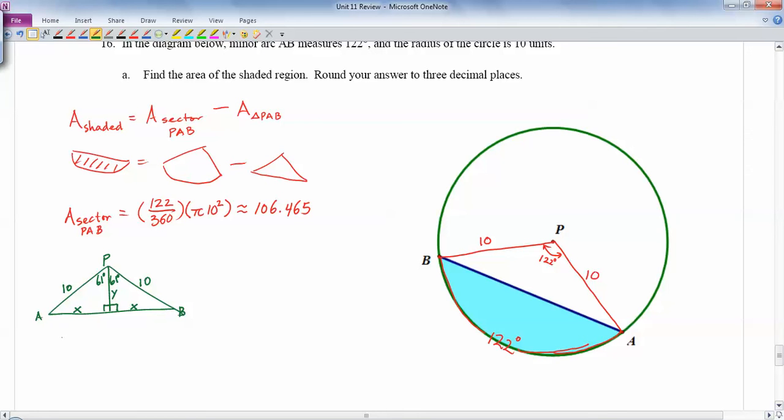And we can solve for those using trig. If I do sine of 61, that's going to be the opposite side, which is x, over the hypotenuse 10. Then I can multiply the 10 over. And then x ends up being about, let me check here, 10 sine 61 is about 8.746.